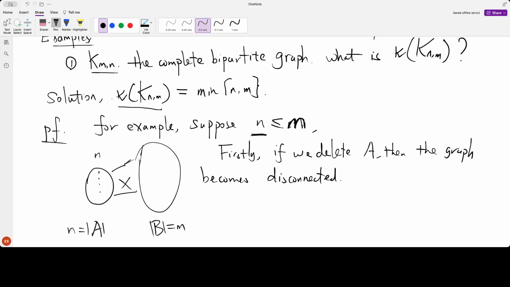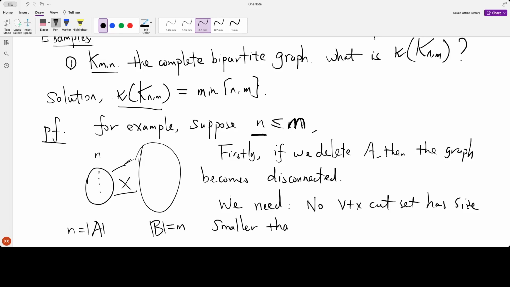Okay? So for example, we need to prove no vertex cut set has size smaller than n.